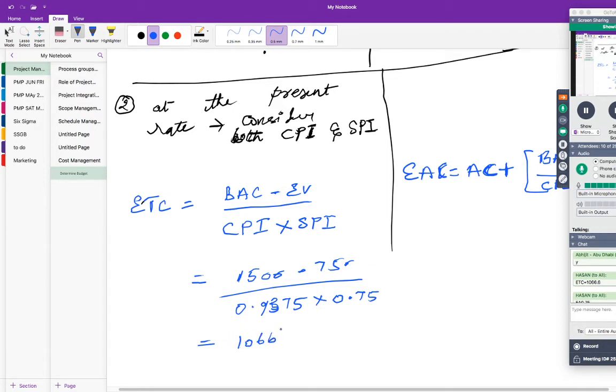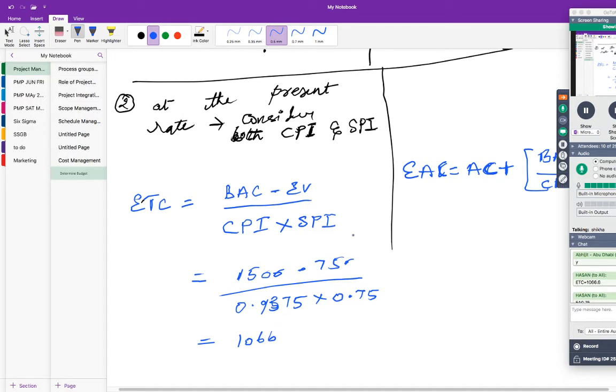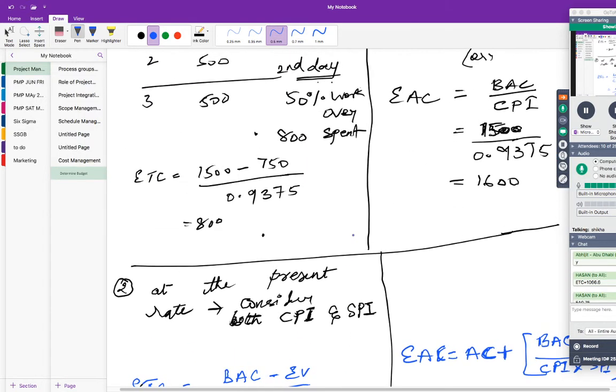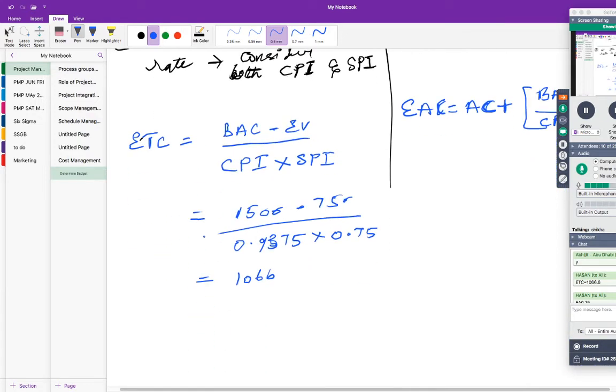Right? So if you look here, if you only consider your cost performance, you can finish the rest of the work in 800. But if you continue to have the same schedule variance, then you will have more variance, because your time is also extending, more time, more money.